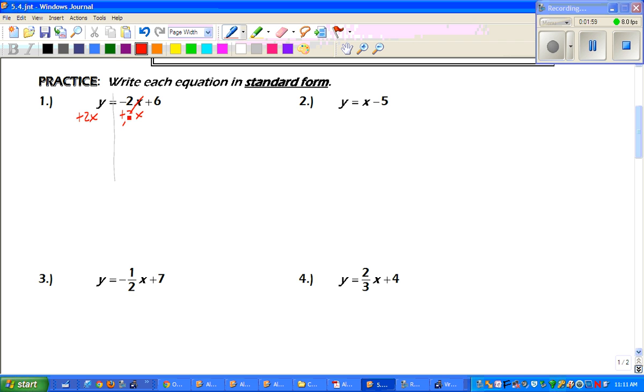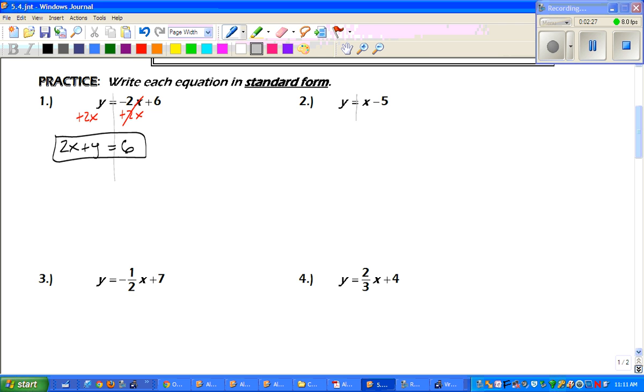We add 2x to both sides, and you get 2x plus y equals 6. Are the x and y on the same side? Yes. Do we have fractions? No. Decimals? No. Is x positive? Yes. That's it. So our answer is 2x plus y equals 6.